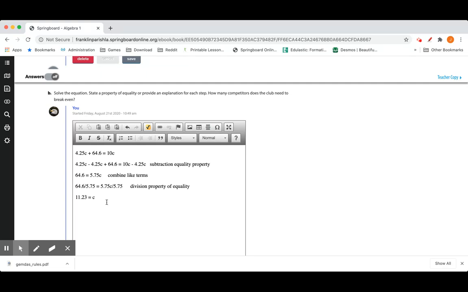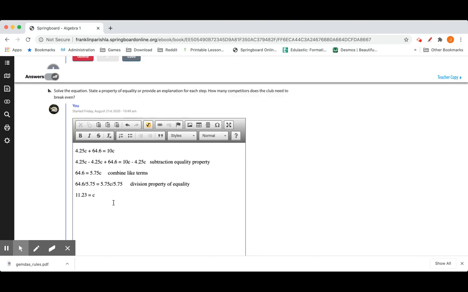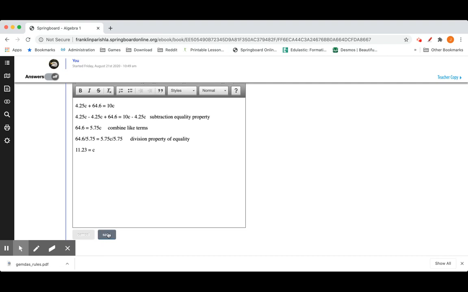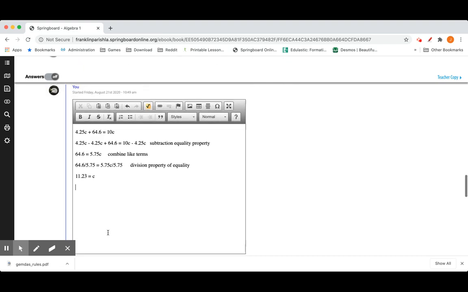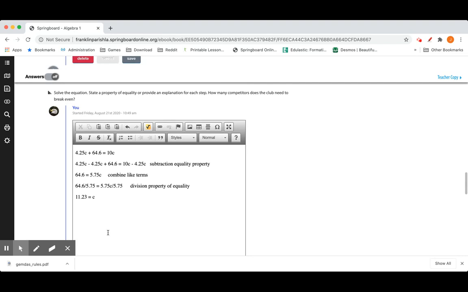If you didn't want to work with decimals and wanted to change everything to fractions, you could, but today we're just going to round and make it easy on ourselves. So basically, you have to have 11.23 competitors. You can't really have 0.23 of a person entering, so we're going to round again and say that they really need to have 12 competitors to break even.